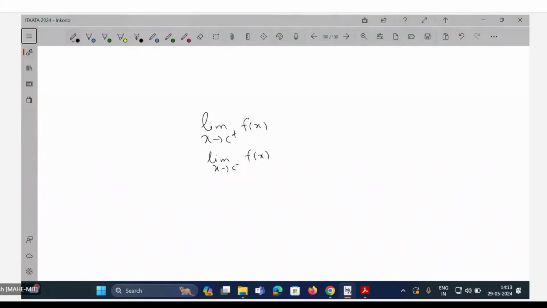So for the left hand point, we don't have this idea of limit x tends to c plus. We only have the idea of limit x tends to c of f(x): does it exist or does not exist? If it exists, then we have a different notion. If it does not exist, then we ask whether it is bounded in some limited neighborhood or unbounded in all neighborhoods.